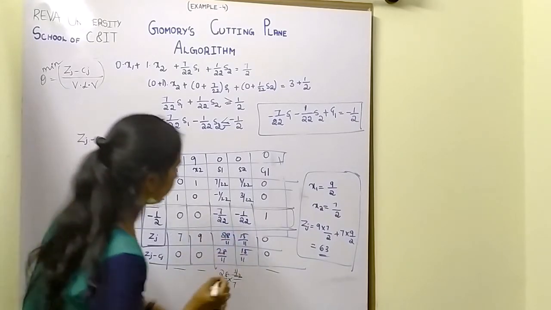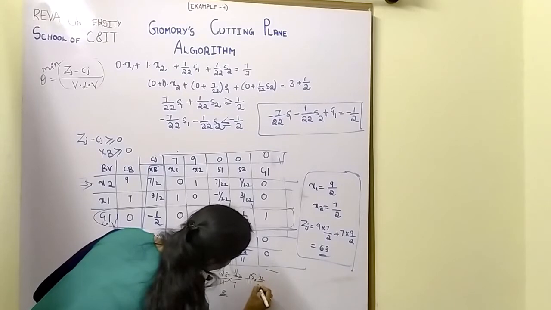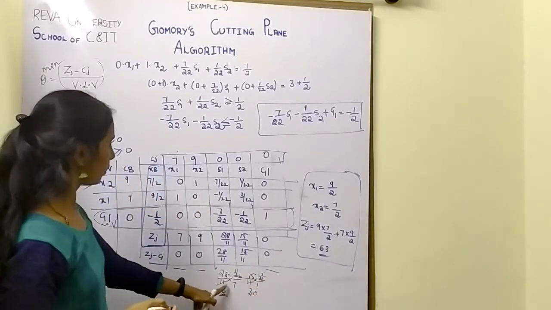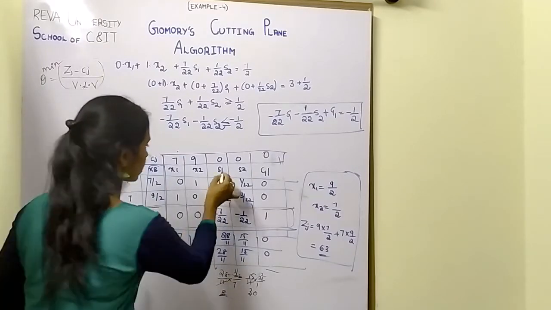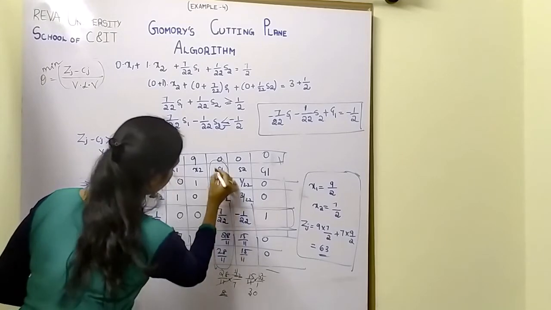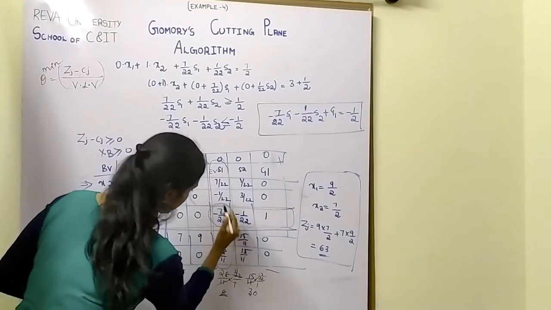Next, here 15 by 11 into 22 by 1, so this becomes 30. Minimum among these two is S1, so this will be considered as the entering variable, and this is called the pivot.